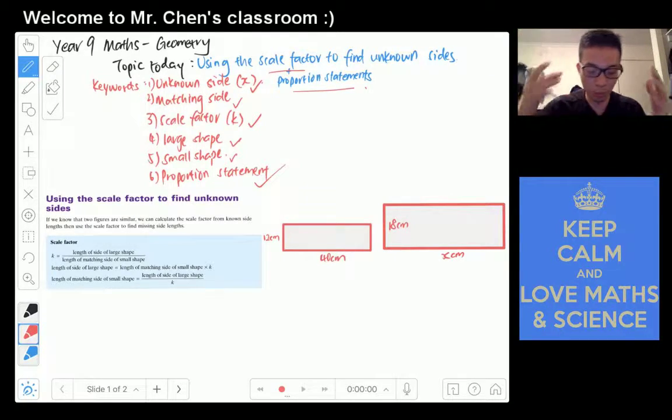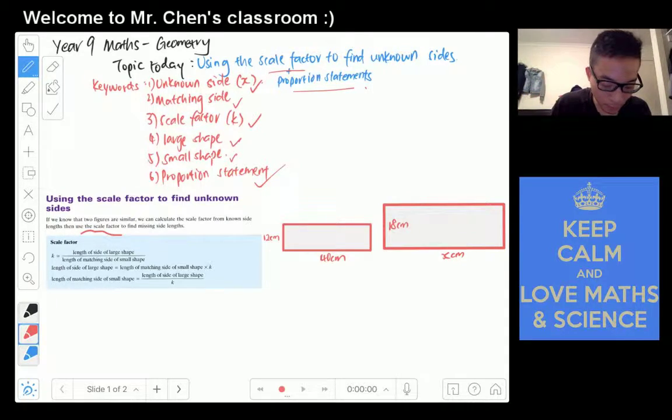That's what similar figures means. So if we know two figures are similar, we can calculate the scale factor from the known side lengths, then use the scale factor to find the missing side length. So we take advantage of the proportions to find the unknown side.